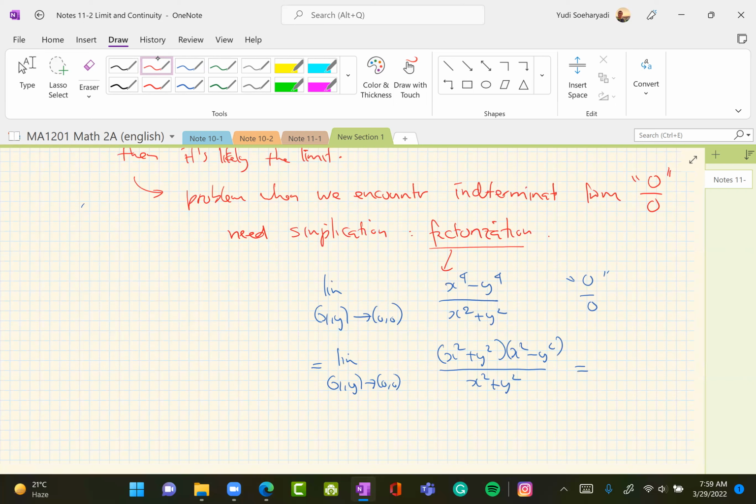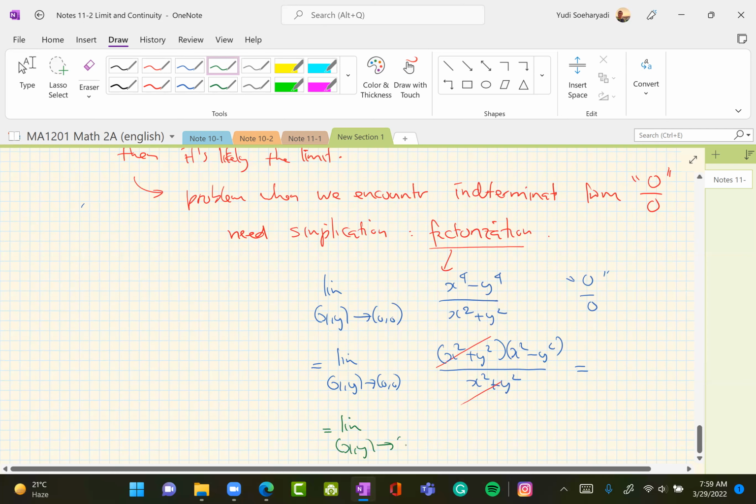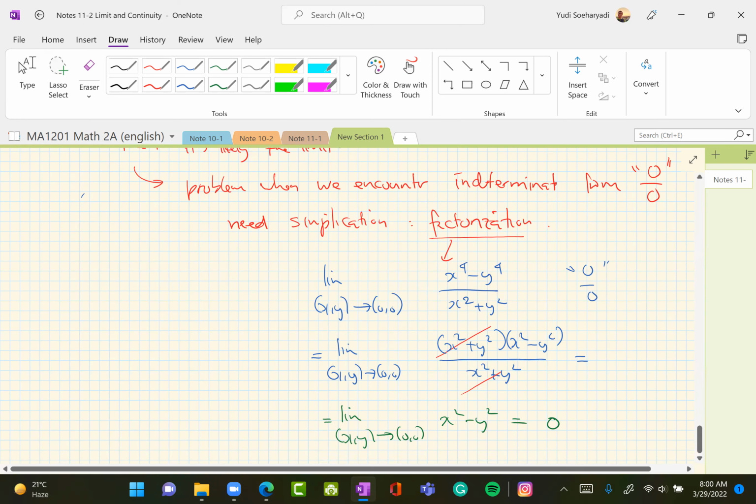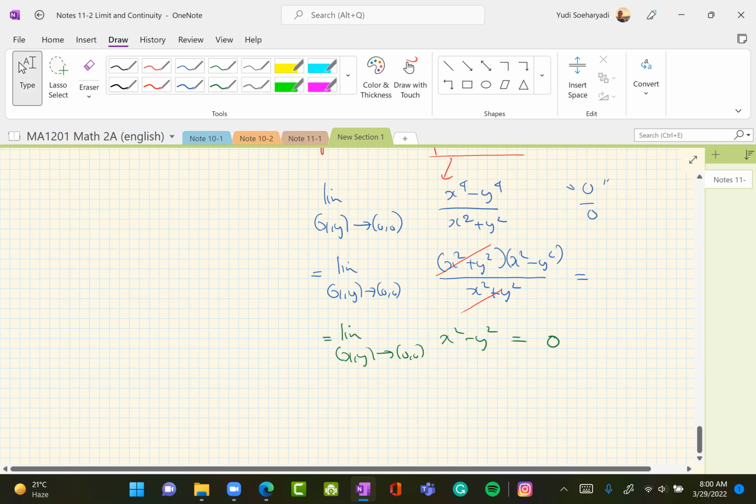And you can cancel this, leaving you with this polynomial. Here it's a polynomial. Again, you can plug in numbers and it gives you 0. So this is what I mean by doing simplification, doing factorization. This is the most likely situation.